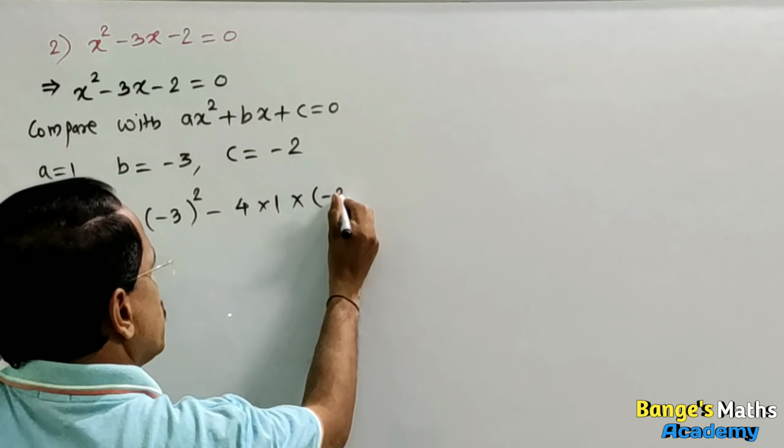So we can take the square root of 4, upon 2 into 3, 6. Is equal to minus 2 plus or minus square root of 4 is 2, 2 root 22 upon 6.